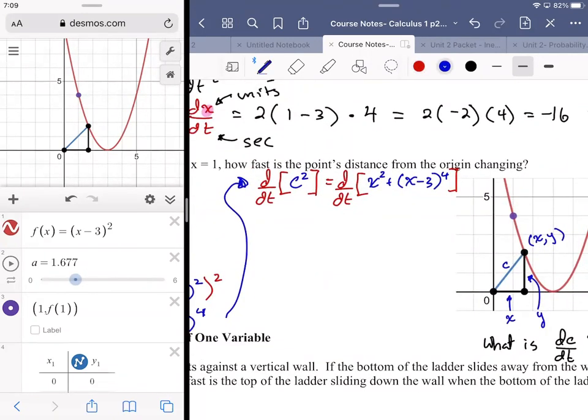c squared becomes 2c, but then the derivative of my inner function, c prime or dc dt. The addition rule for derivatives tells me that I can take the derivative of this and the derivative of this separately from one another.